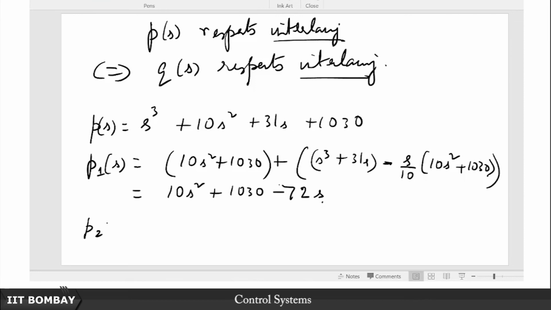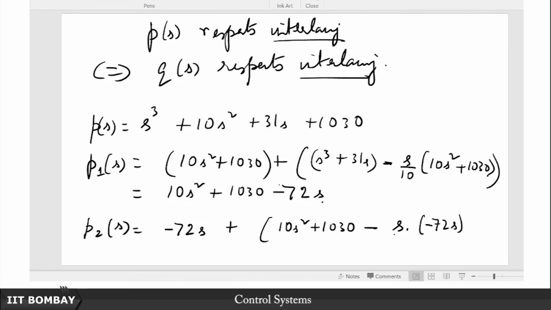Okay. Now I'll go to the next step. I'll act on P1 now. So what is my problem? My problem is to reduce it from second degree to first degree. So now I'll retain the odd part, but I'm going to get rid of this quadratic term. How am I going to do that? Again 10s squared plus 1030 minus some suitable multiple of this, minus 72s.